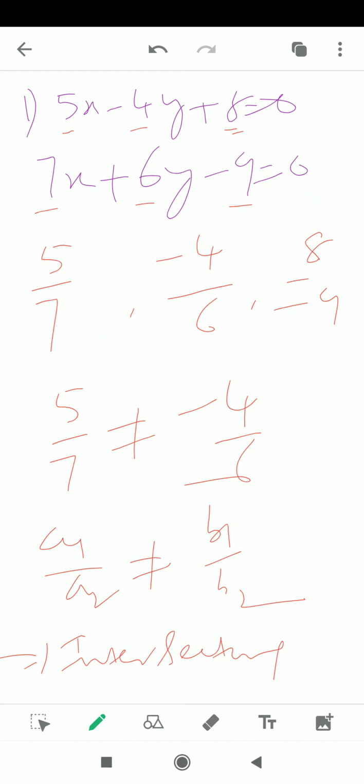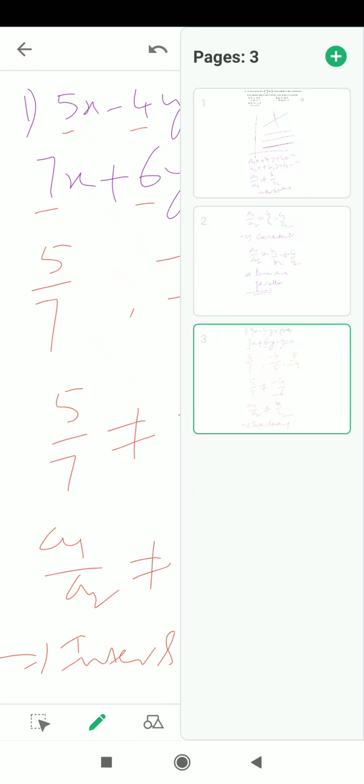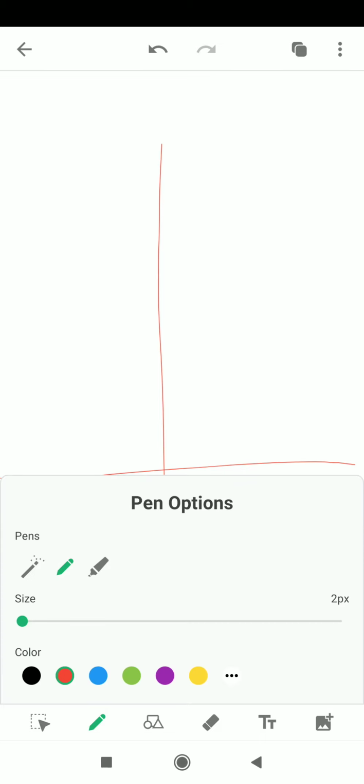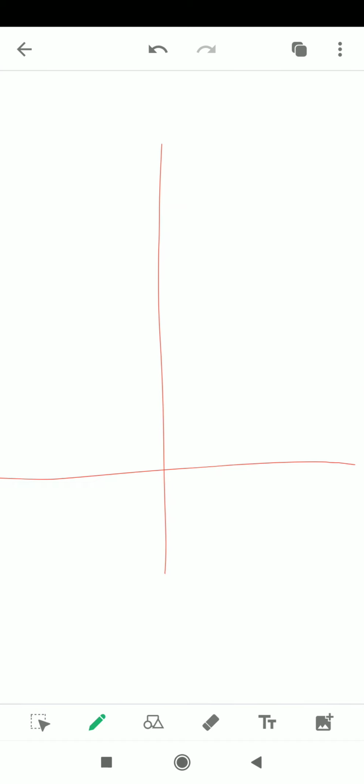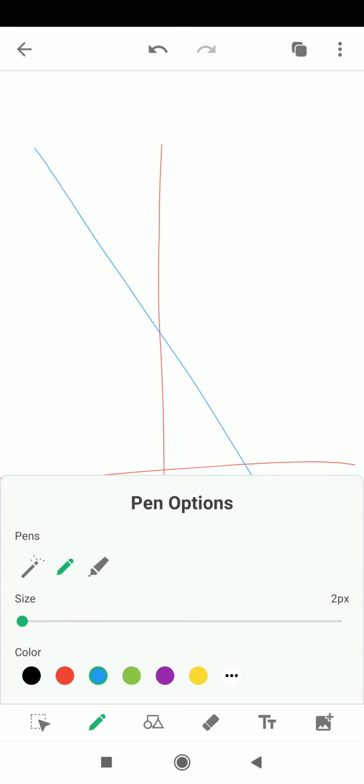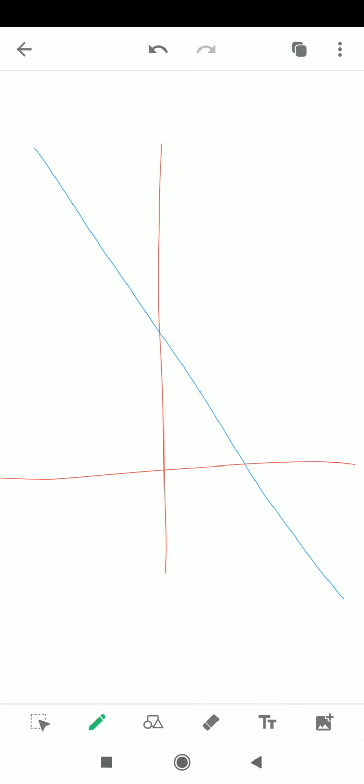Intersecting lines will look like this in a rough diagram: this will be one line, approximately like this, and the other line will be something around like this.